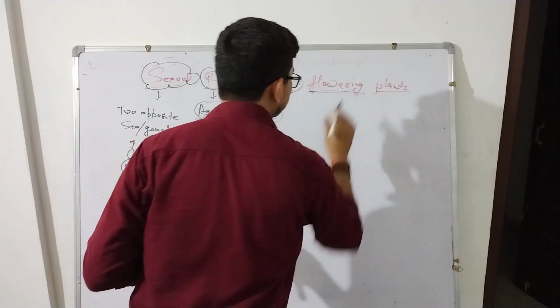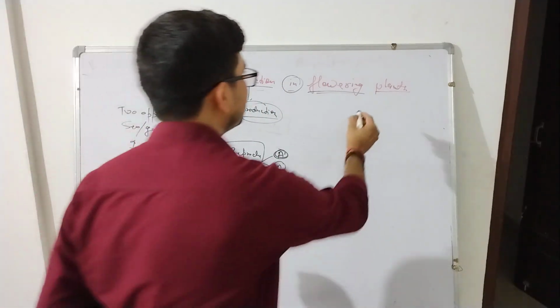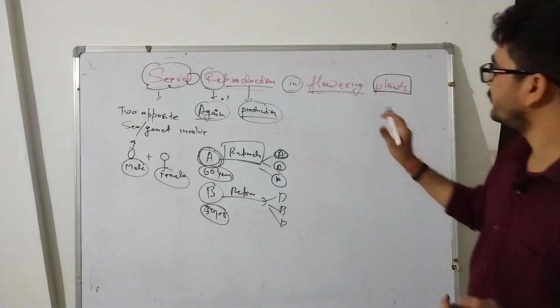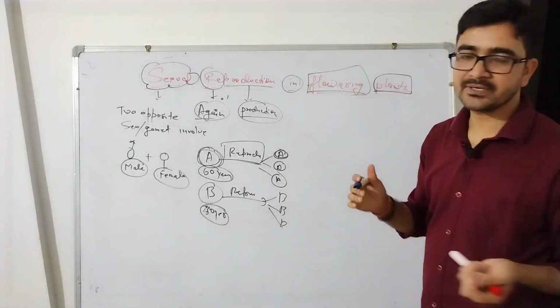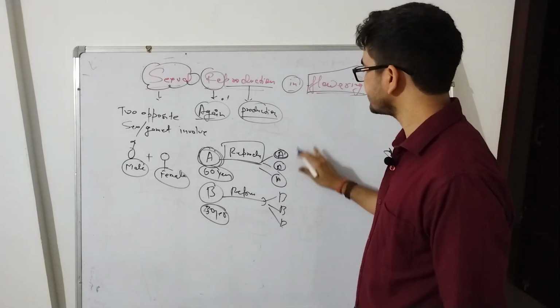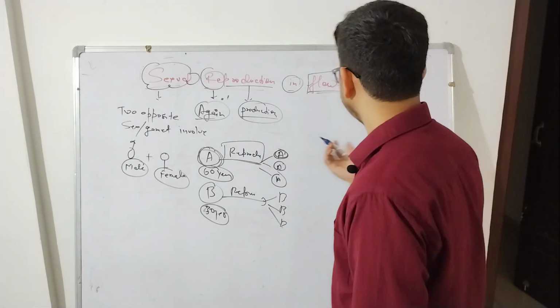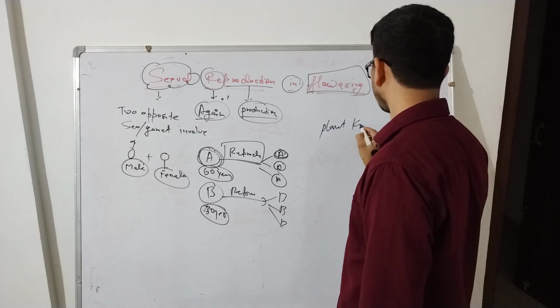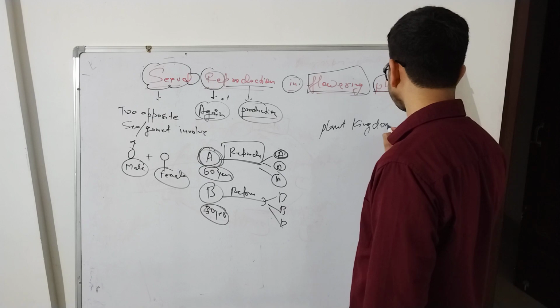In flowering, that means plants. If you are talking about flowering, before that we talk about the classification of plants. In previous lectures we studied that plant is a kingdom, the plant kingdom.